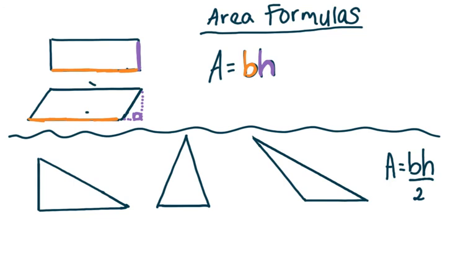So in these shapes, the bases are often one of the sides. Here's a base, there's a base, and there's a base. They don't have to be on the bottom though. And the height, again, comes at a right angle. In the right triangle, the height is a side because it's a right triangle.